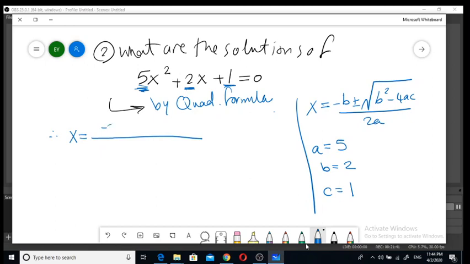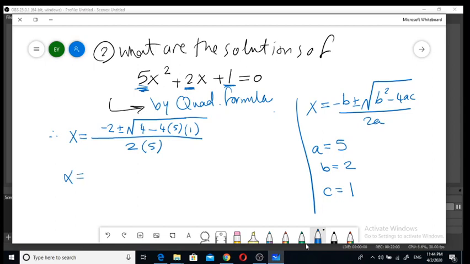negative b, negative 2, plus or minus square root of b squared 4 minus 4 times a, which is 5, times c, which is 1, over 2 times a, which is 5.